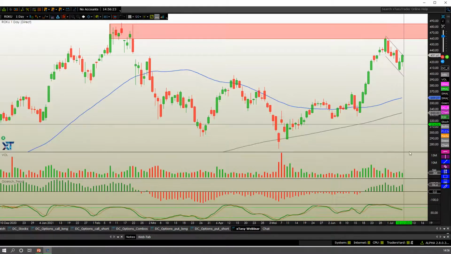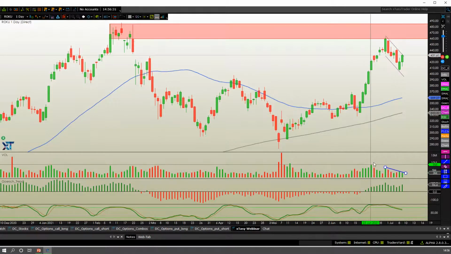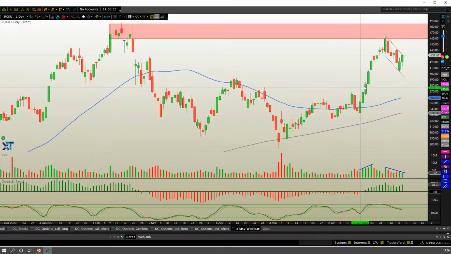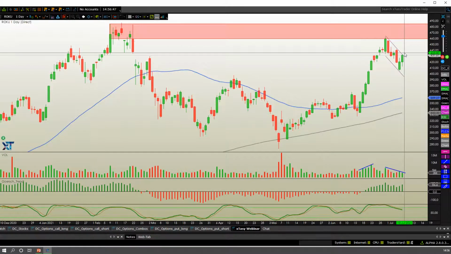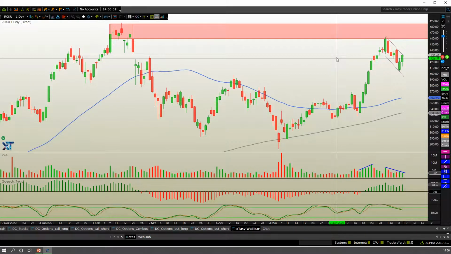What we see here is quite nice, because we have declining volume in this down move. We have big volume here in the up move, declining volume in the down move. I like that. So if we see the breakout of this bull flag to the upside, this might be a good situation to trade this stock on the long side.